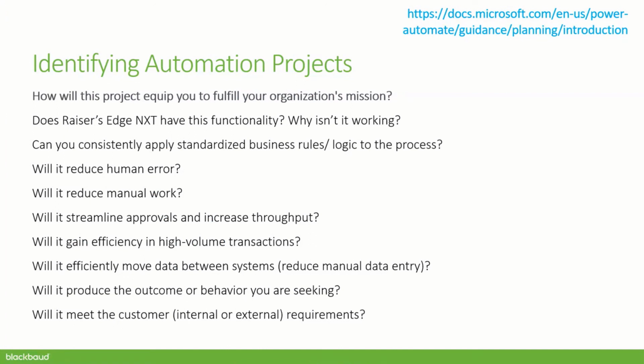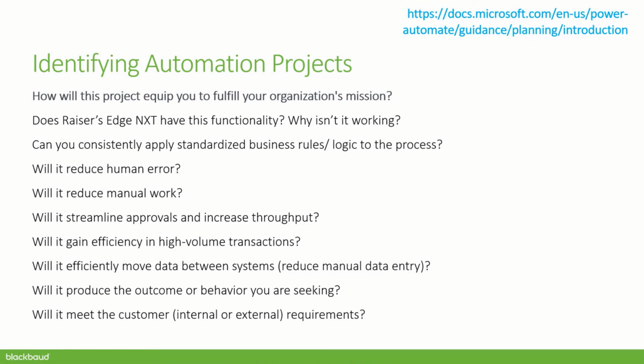To piggyback off of what Heather just stated, the first question that we see here about those automation projects is, how will that project fulfill your organization's mission? Speaking for myself, early on when Power Platform was introduced, some users were identifying automations and capabilities that met one or two individuals' needs.